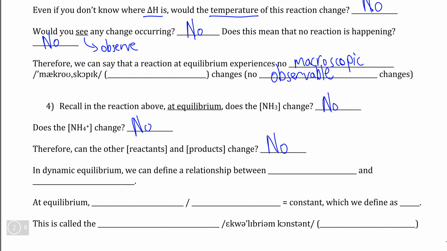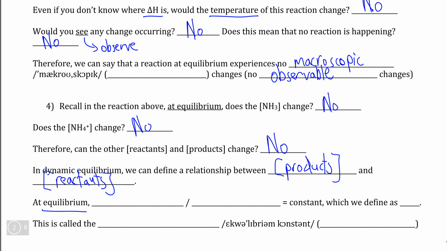And from this, we can codify a specific relationship between the concentration of all products within the reaction and the concentration of all reactants in order to define a standard measurement that we can use in order to actually do calculations, which we will look at in subsequent videos.